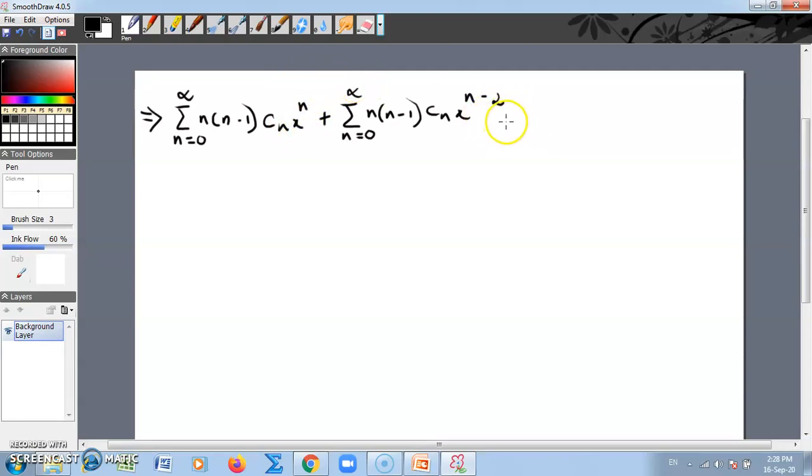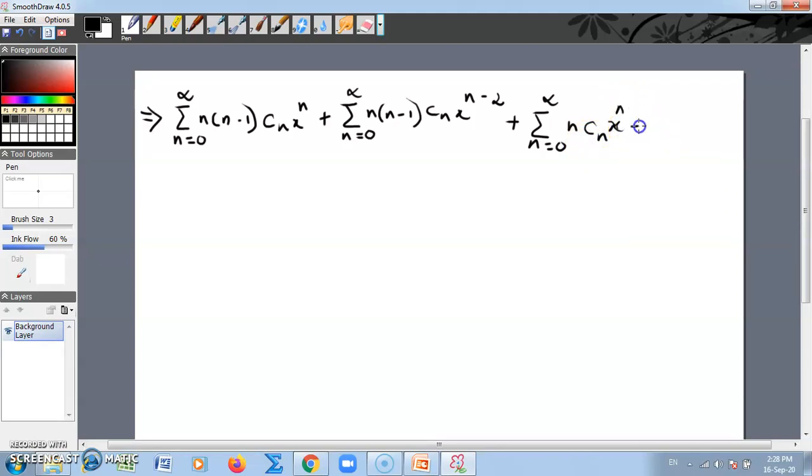So after that we come to the next term. This is the summation n goes from 0 to infinity n cn x^n. Again, since x was multiplied here, the n minus 1 exponent now became just n.